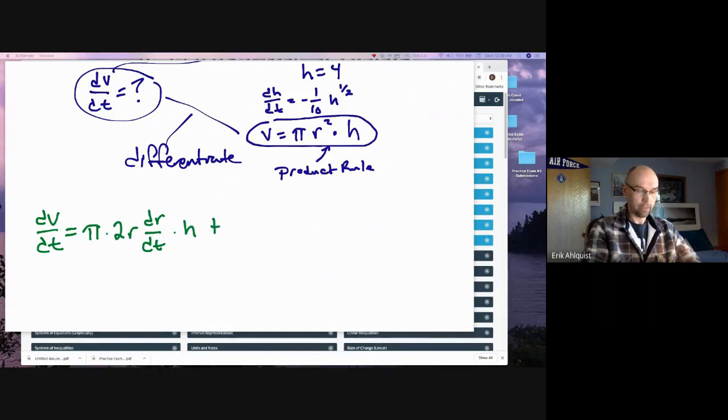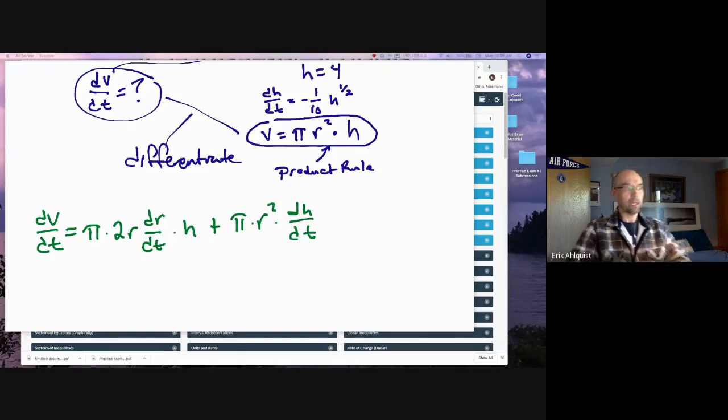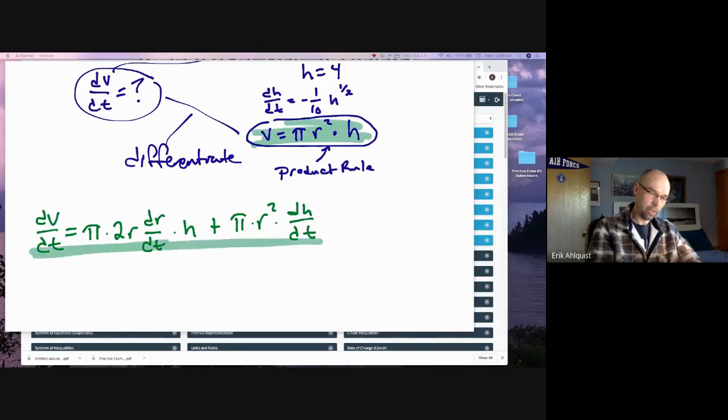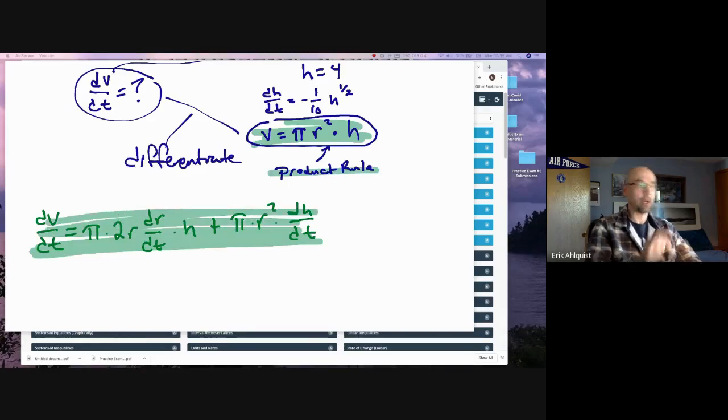At least at the moment it didn't. So then plus pi times r squared, times the derivative of h, which is dh/dt. So that's our derivative of the volume equation. That's this volume equation right here, differentiated using the product rule.